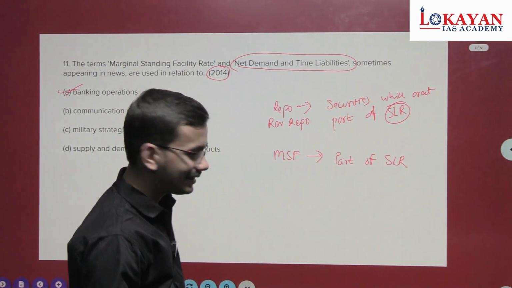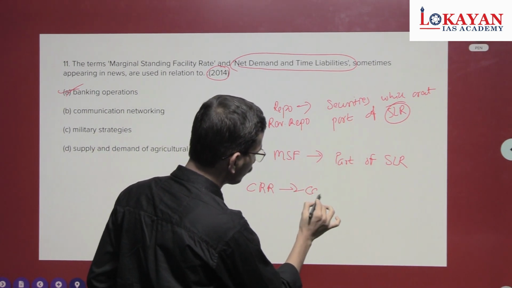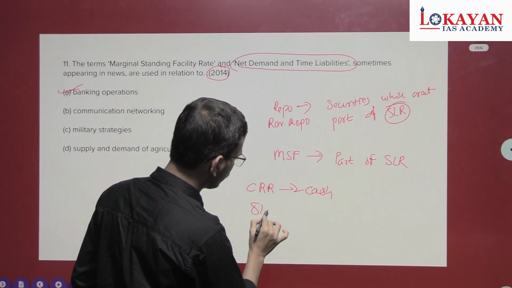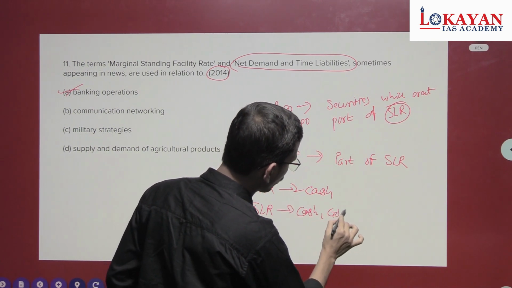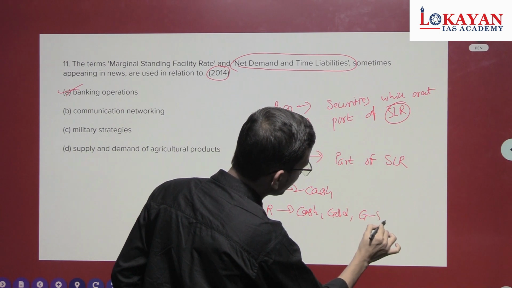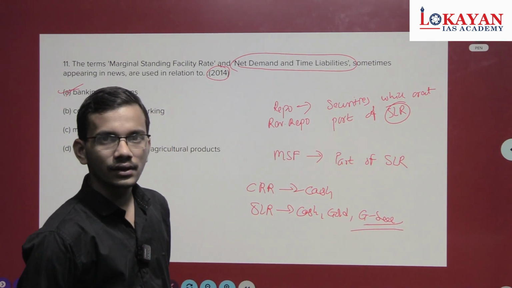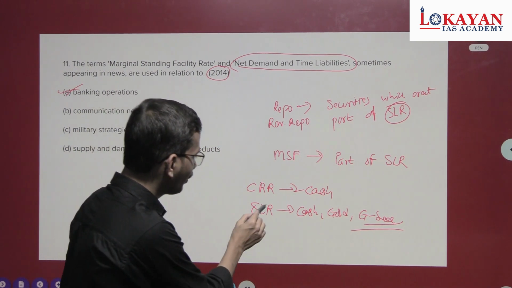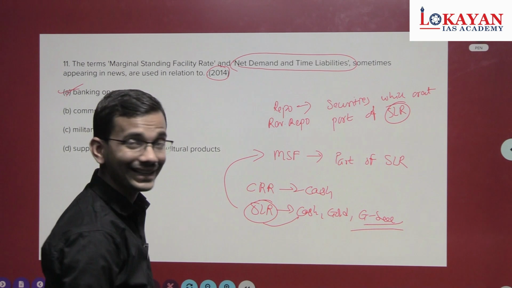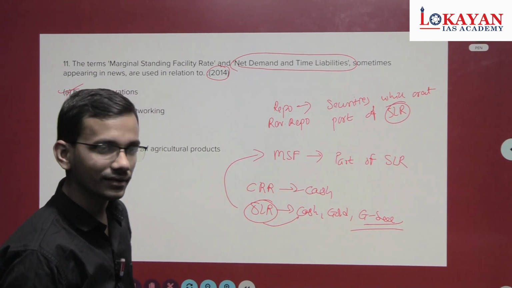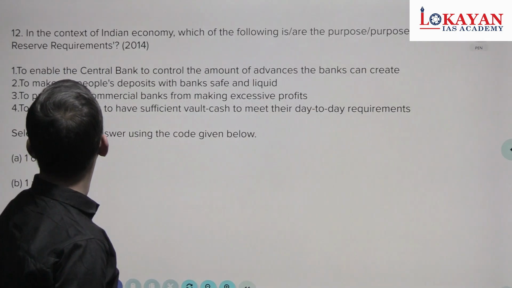The CRR is in cash, but SLR is cash, gold, government securities, etc. So when a security under this is sold, this is MSF. It has a higher interest rate than the repo. Okay, so A is the correct answer.